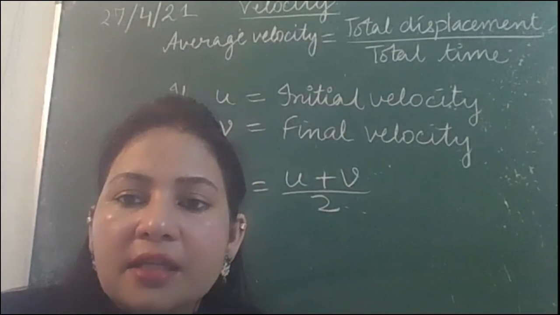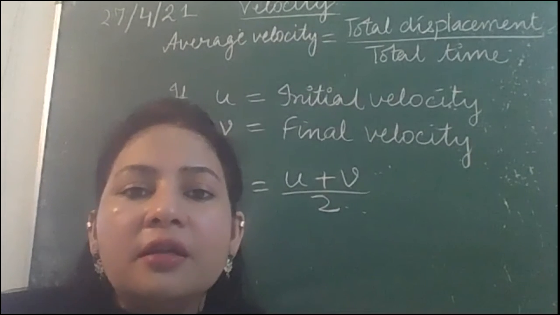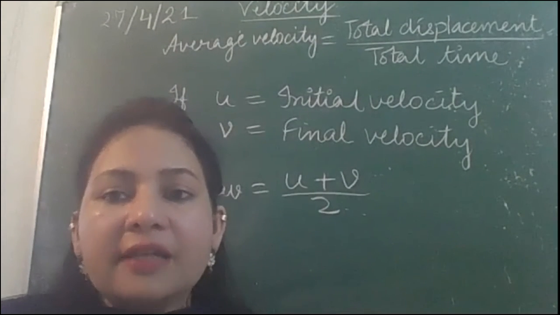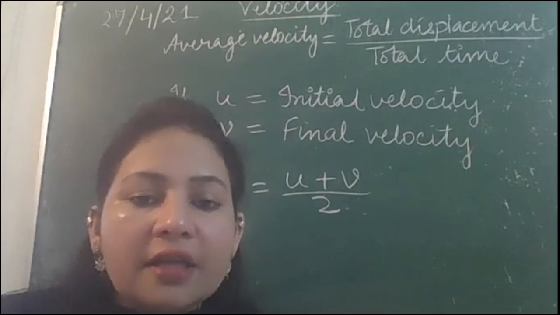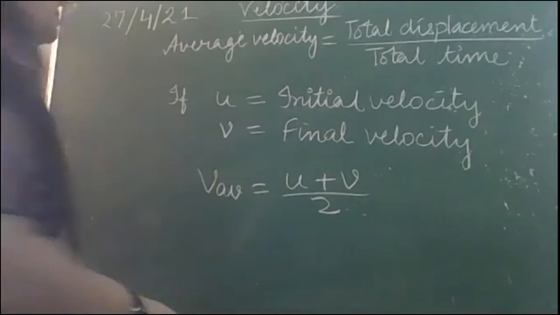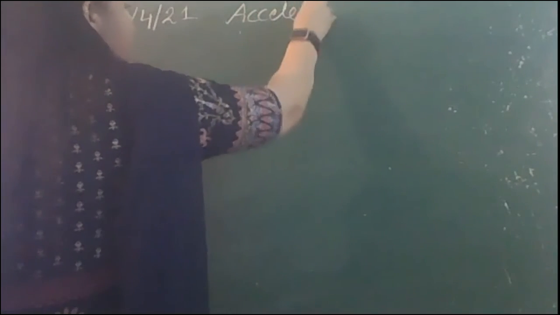Is that clear, students? So now we'll be starting with the next topic. We have done distance, displacement, speed, velocity. Next is acceleration. So let us do what is acceleration now. Acceleration, take care of spellings.